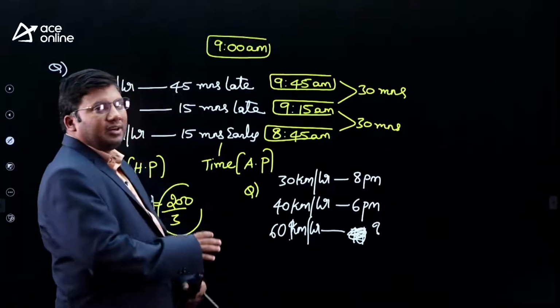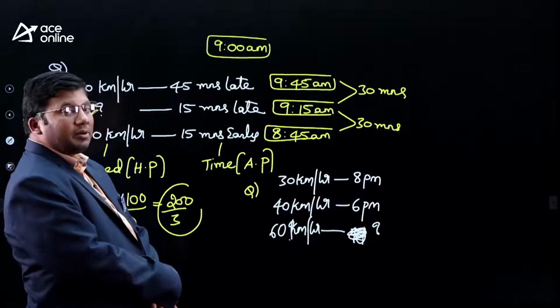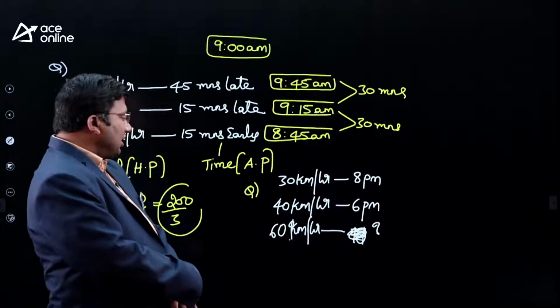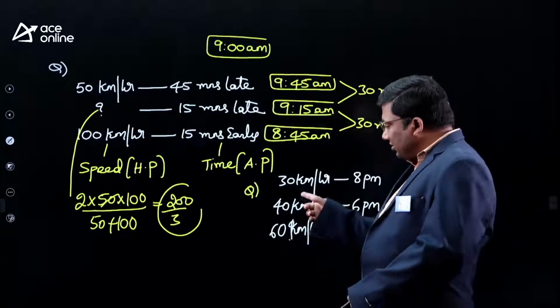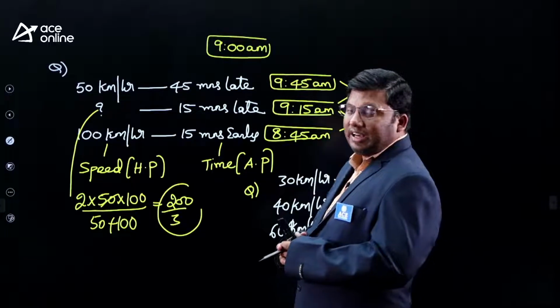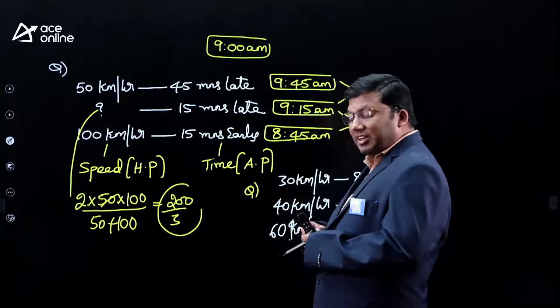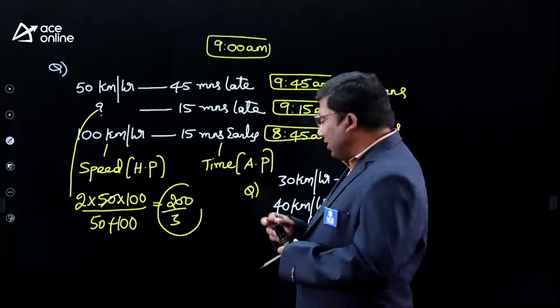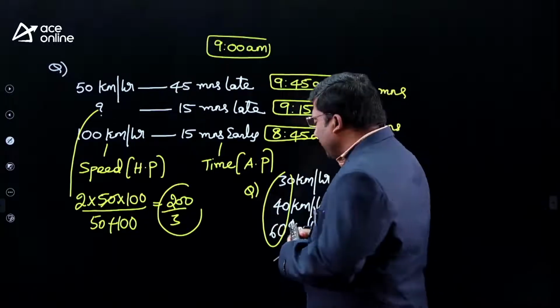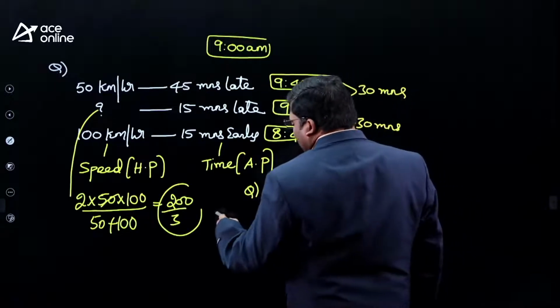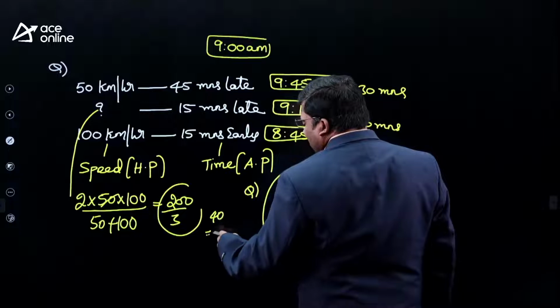30 km per hour, 8 p.m. 40 km per hour, 6 p.m. 60 km per hour. Now listen carefully, sir. 30, 40, 60. What is the difference between 40 and 30? 10. What is the difference between 60 and 40? 20. That means the speed difference is not the same. Let me check whether it is in harmonic progression.